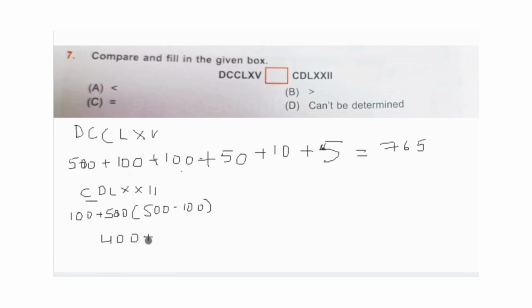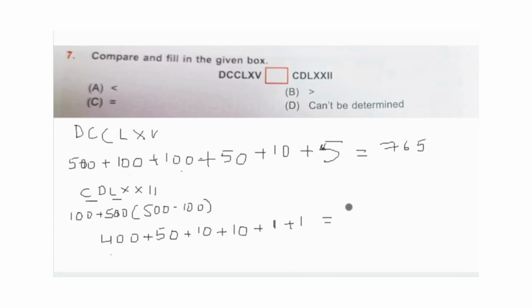Then the value of L, which is 50. Then the value of X, which is 10. And then the value of X again, which is 10. And then plus 1 plus 1. Let's add this up. 400 plus 50 is 450, plus 10 is 460, plus 10 is 470, and then you have 1 more.